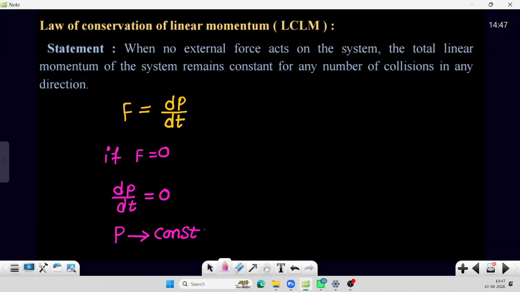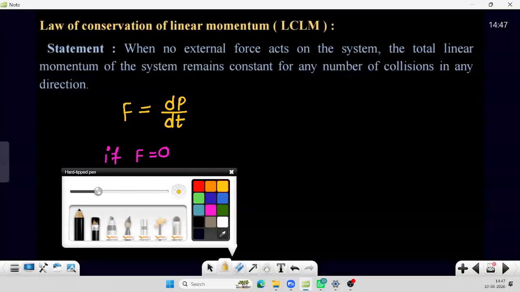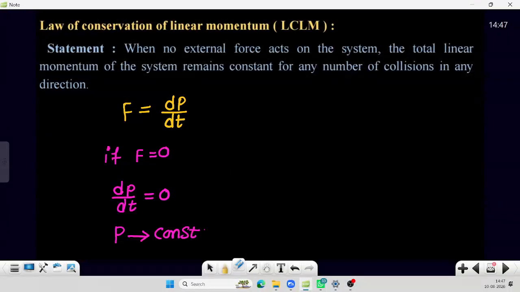So from this, we can write delta P by delta T equal to 0. Delta P means P2 minus P1, final minus initial, by delta T, which is equal to 0.